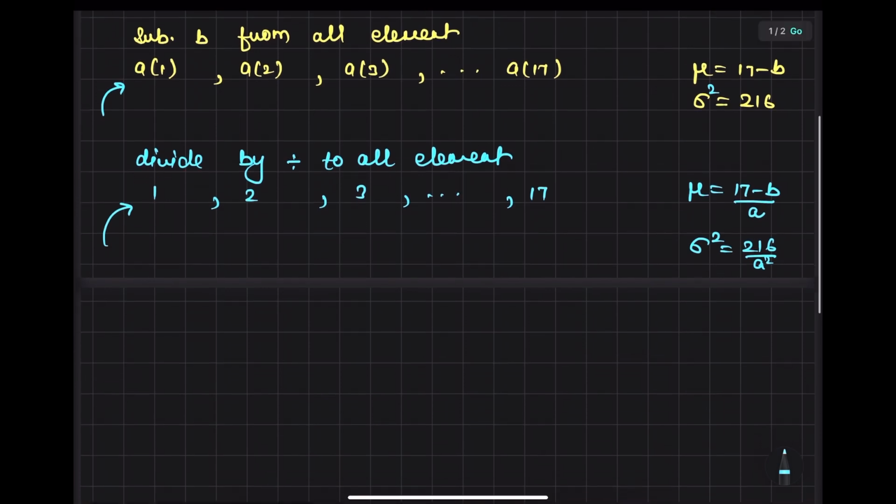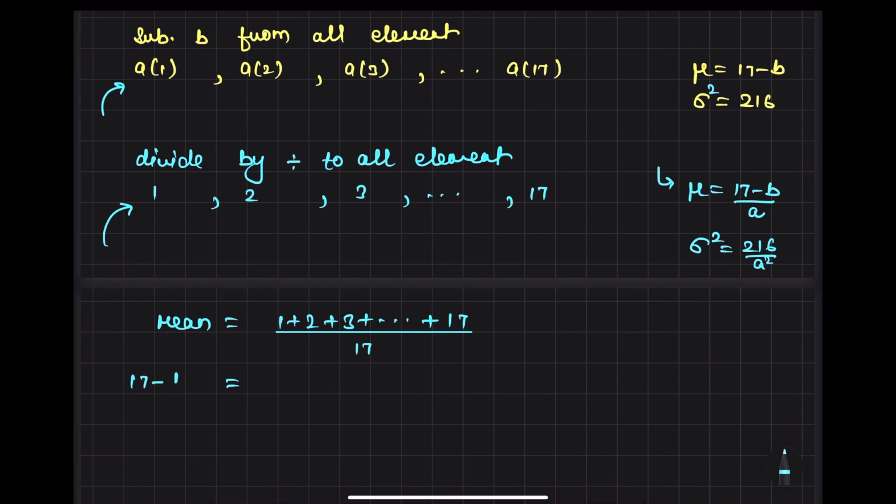Correct? Now we will work on the blue zone. First we will find the mean. For the mean, how will you respond? You will add all the elements, 1 plus 2 plus 3 plus dot dot dot plus 17, divided by 17. So according to us, the mean is this, but according to our observation, the mean is 17 minus b by a.